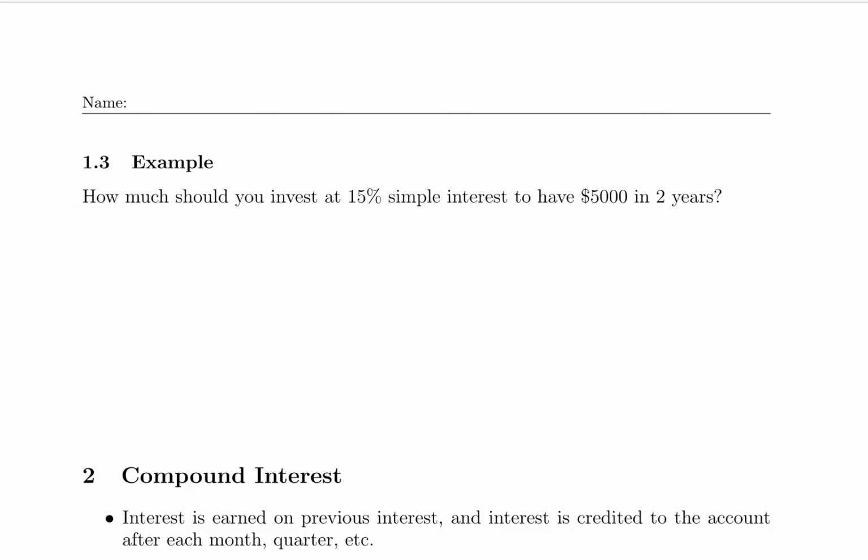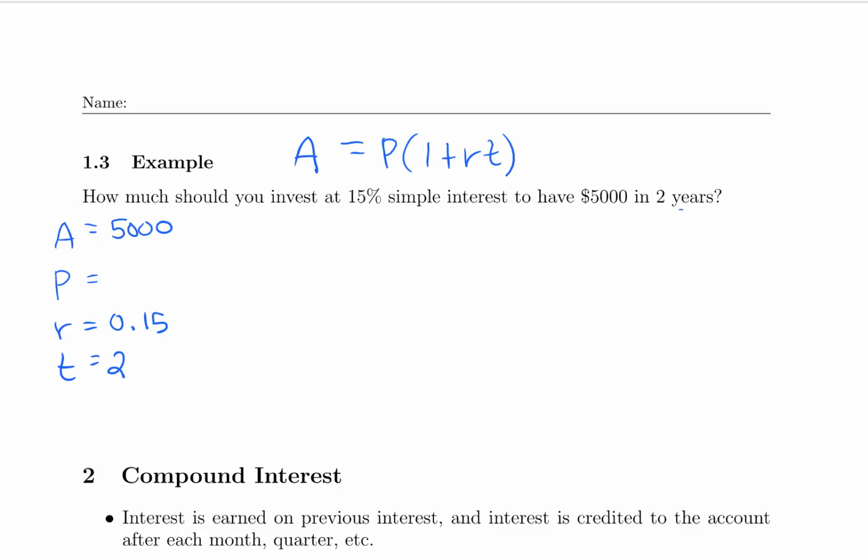In this case, we're solving for the present value, but we're still using the same formula: A equals P times 1 plus R times T. Let's list the variables A, P, R, and T. 15% simple interest, so the interest rate would be 0.15. We would like to have $5,000 in the future, so A is going to be $5,000, and the time is 2 years. This time we do have years, so we don't have to use a fraction of 12.